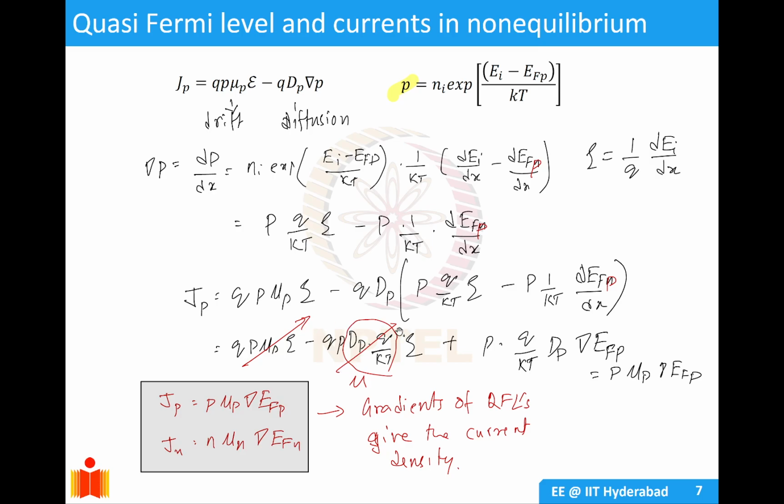So this term and this term will cancel out, and the only term that will remain is p into q by kT Dp del of EFP. And again q by kT Dp can be written as mu p. So you will have Jp equals p mu p del of EFP, and Jn is n mu n del of EFN. So the gradients of the quasi Fermi levels can directly give you the current density.